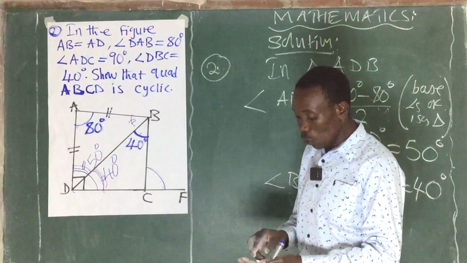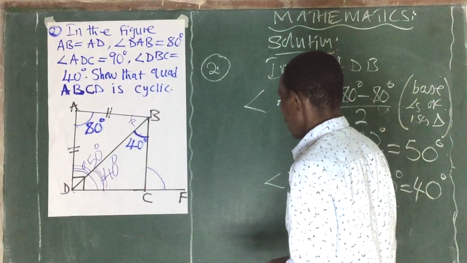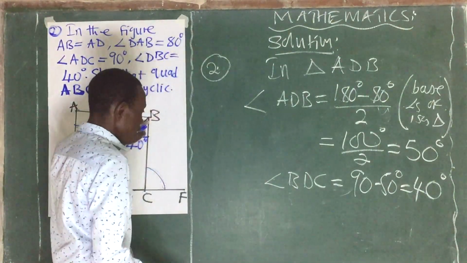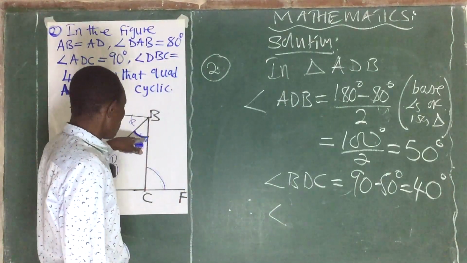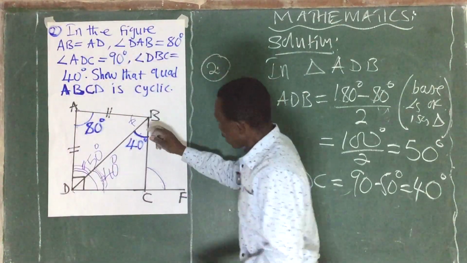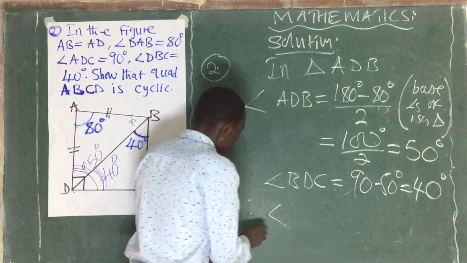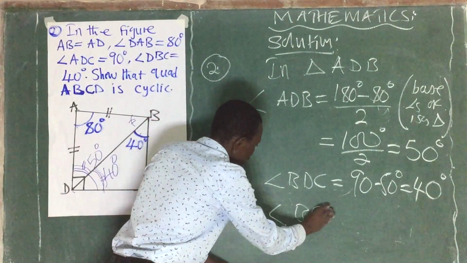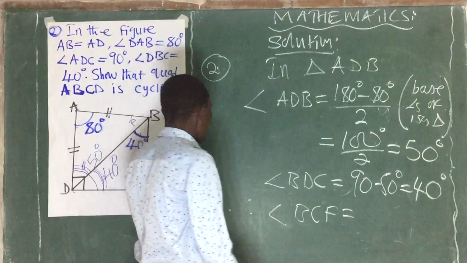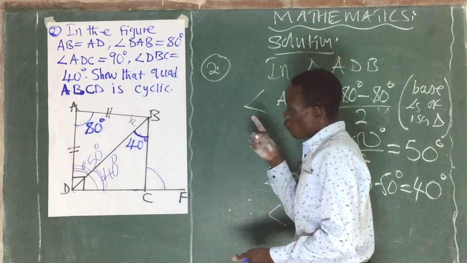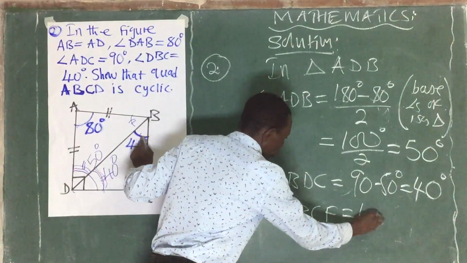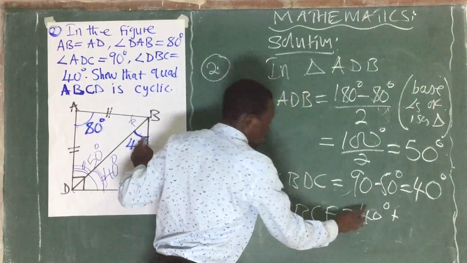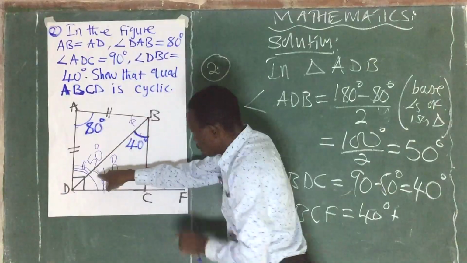Now, here you go. You write here first, because it's a concluding statement: angle BCF is equal to 40, different from this 40 here, plus this 40 here.